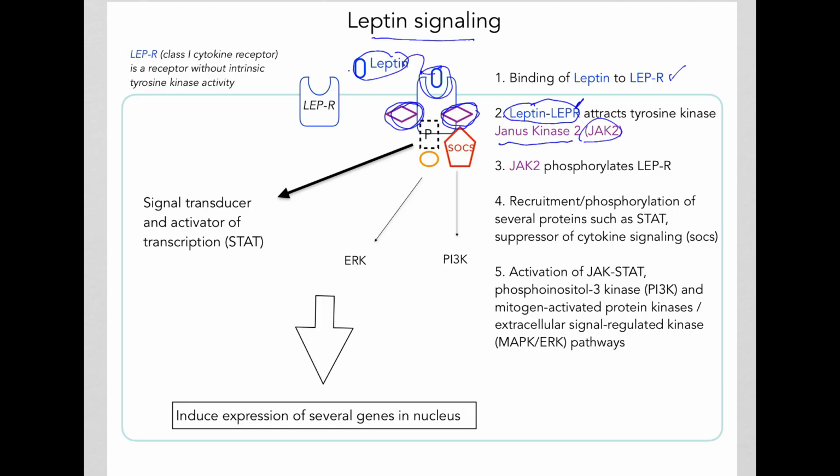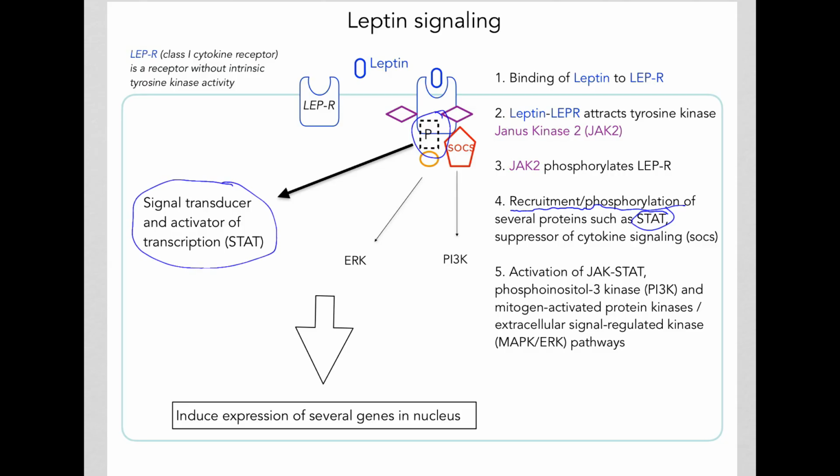So JAK2 gets attracted to the leptin receptor that has a bound signal, and this JAK2 will now phosphorylate the leptin receptor. Once the receptor becomes phosphorylated, that will recruit or attract several other proteins and cause the phosphorylation of these proteins. Examples include STAT, which stands for signal transducer and activator of transcription.